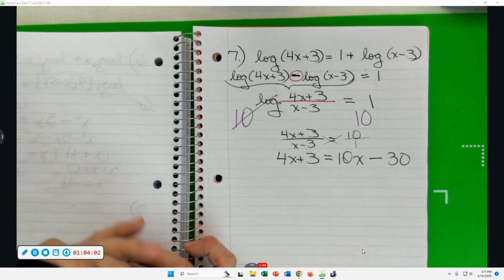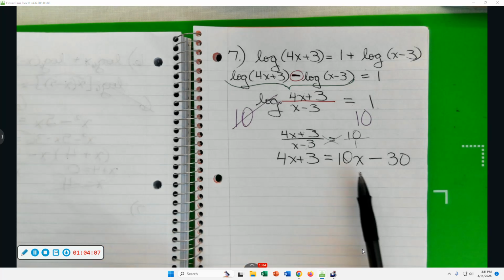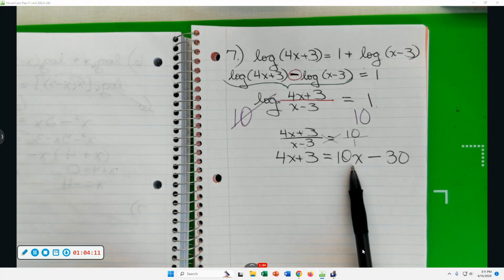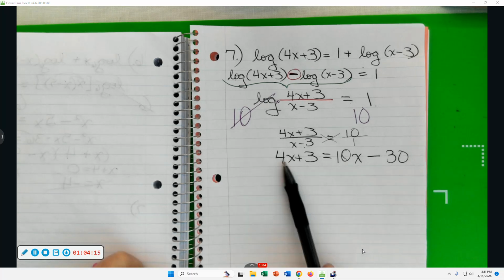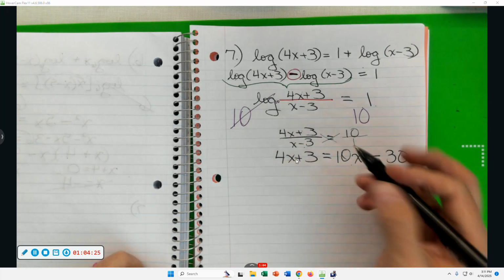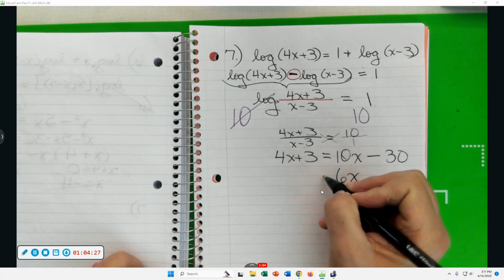We have to get all the x terms on the same side. I think it'd be easiest to get the x terms right here on the right hand side. It'll decrease the number of negatives, that's for sure. So what will I do with that 4x to combine it with that 10x? 10x minus 4x gives me a 6x.